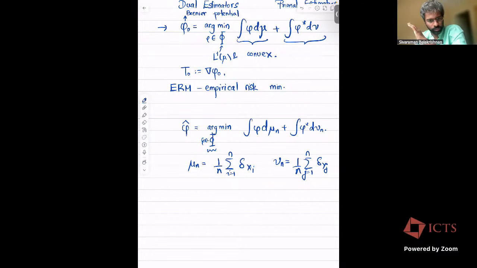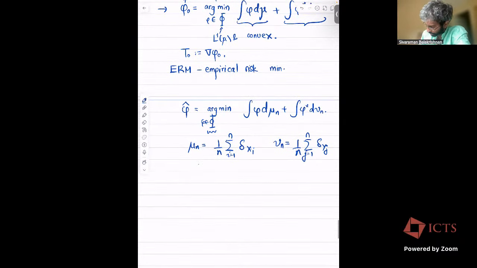Let's forget for a second how one might do this, but this is a reasonable way to define an estimator, and then I would define an estimator of the map as the gradient, say, of phi hat. Hopefully it's a differentiable thing, and I can just define this.